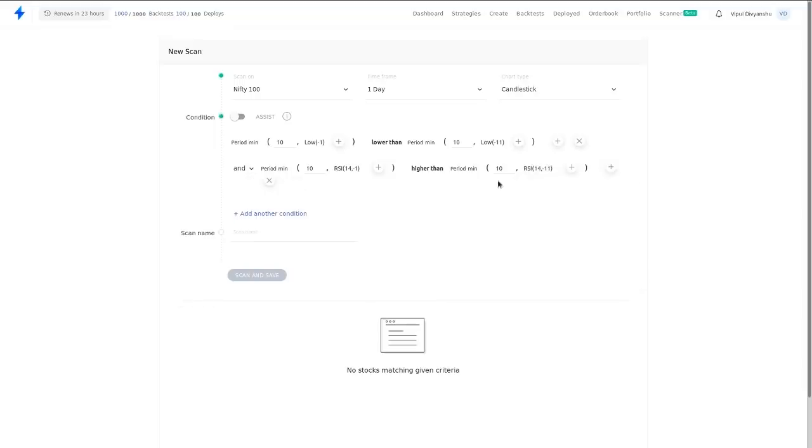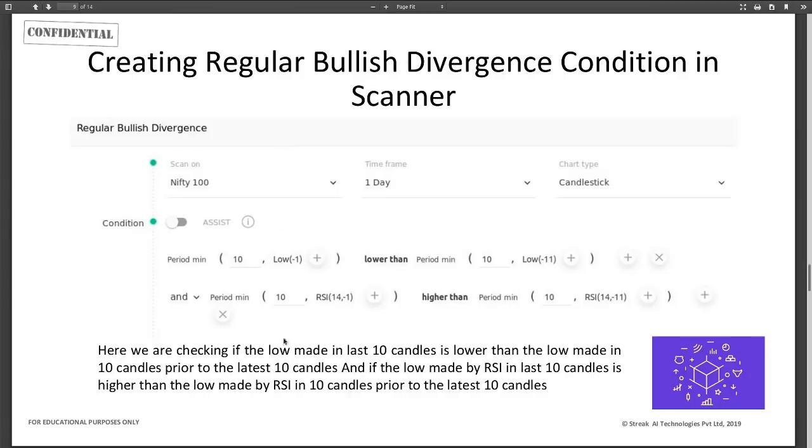Now if you want to create this on a bigger period, simply change it. Let me first explain what is written here. We are checking if the low made by 10 candles is lower than the low made by 10 candles prior to the latest candle, which forms the price line.